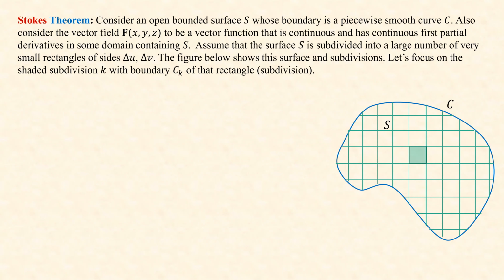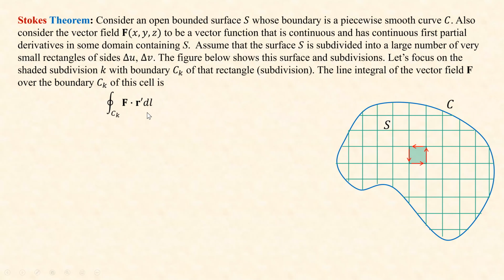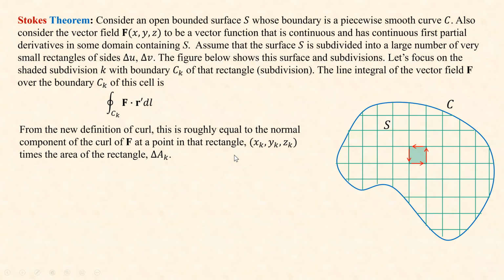All right, let's focus on subdivision K with boundary CK of that rectangle, and then the line integral of the vector field F over the boundary CK of this cell. The line integral is the integral of F dot R prime dl over the boundary of this cell, going counterclockwise. All right.